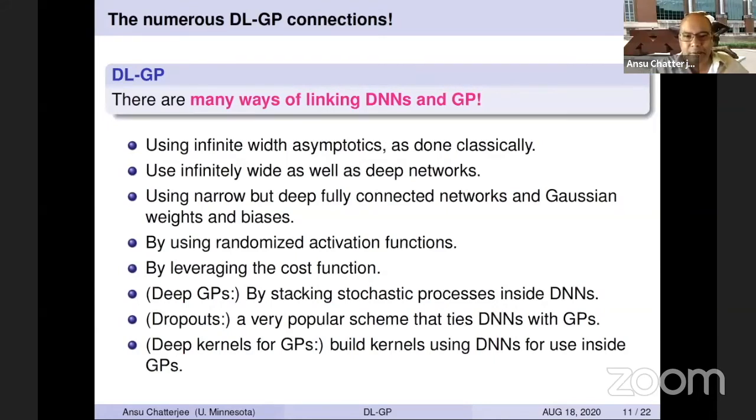The whole idea is that you could relate deep neural networks with Gaussian processes in many different ways. I'd point out dropouts here. Everybody loves a dropout. Its subsequent usage is now incredibly popular in the community. That is another way of relating deep neural networks with Gaussian processes.